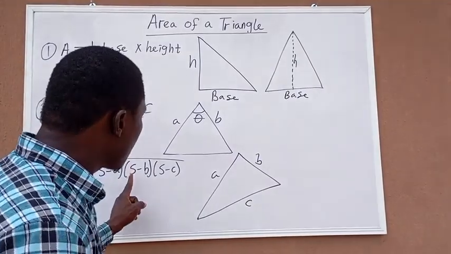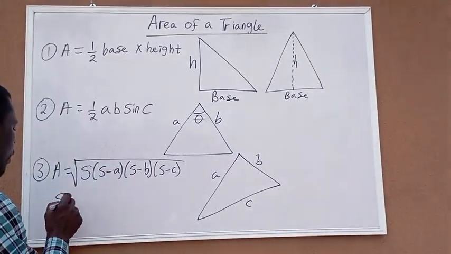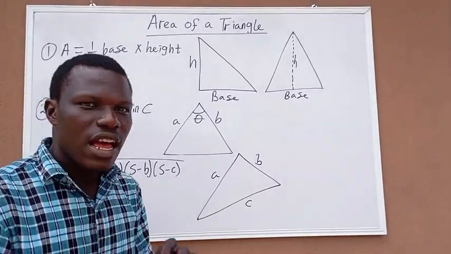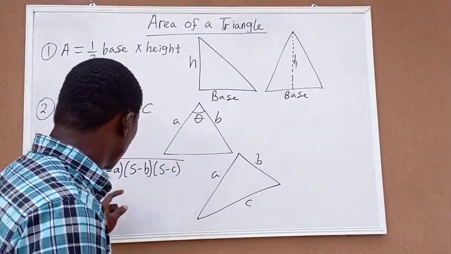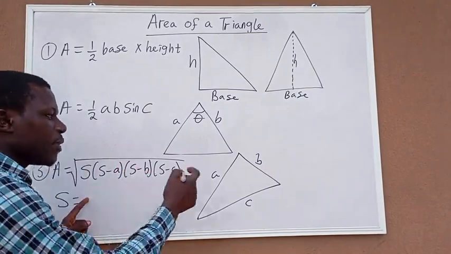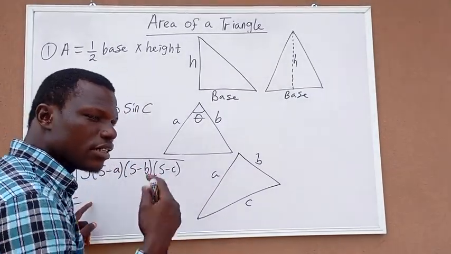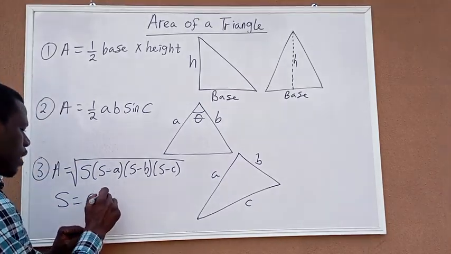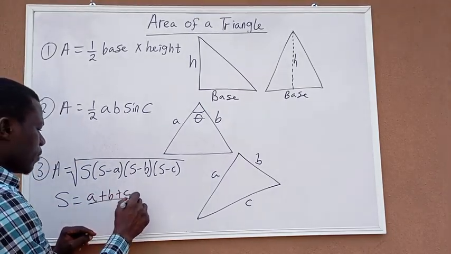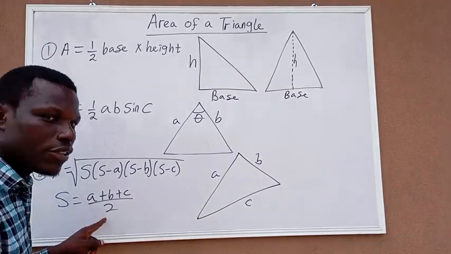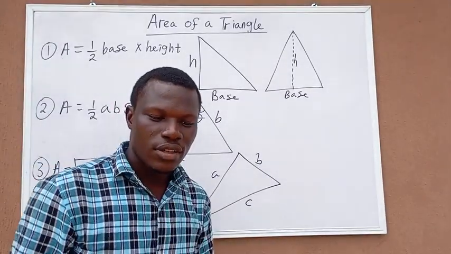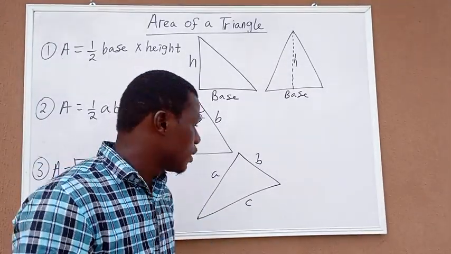And S stands for semi-perimeter. Semi-perimeter means half of the perimeter. So how do you get that? You start by adding the three sides and dividing it by 2. So I have A plus B plus C over 2. Whatever that gives me is what I'll now use in this formula.